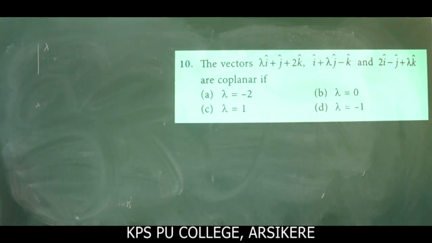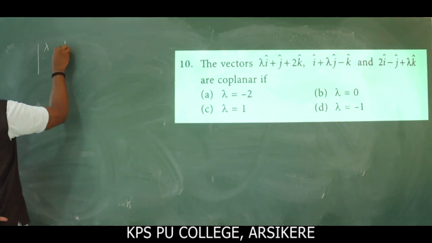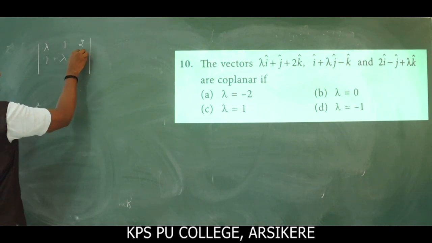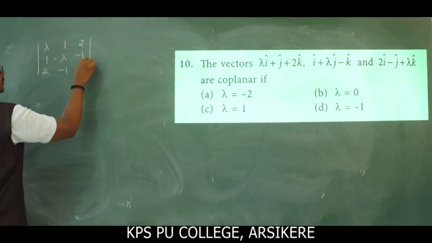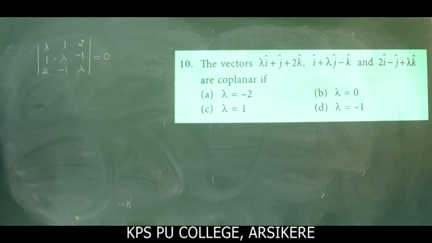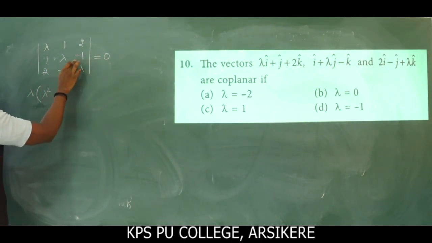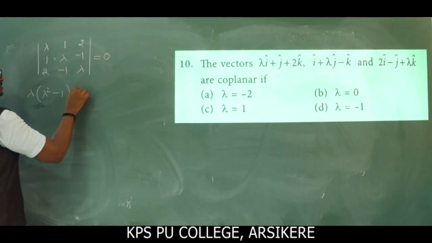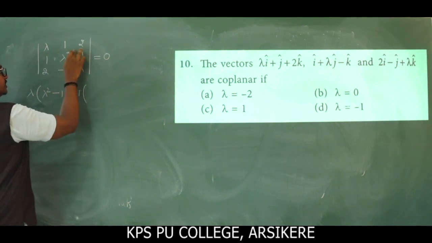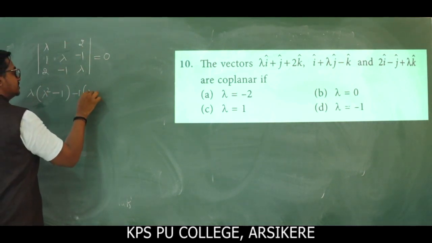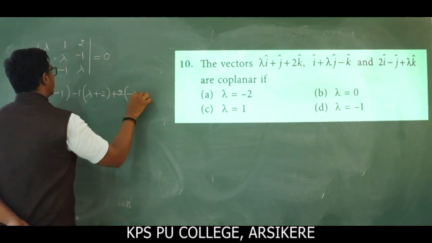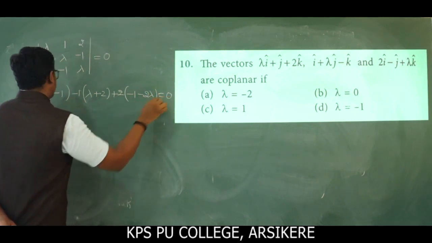First vector is lambda i cap plus j plus 2k: this is lambda, 1, 2. And next one 1, lambda, minus 1, and 2, minus 1, lambda, that is equal to 0. Simplification: lambda into lambda is lambda square, minus 1 into minus 1 is plus 1, so we have lambda square plus 1 there. Then minus 1 times (1 into lambda is lambda, plus 2), plus 2 times (minus 1 minus 2 lambda) is equal to 0.